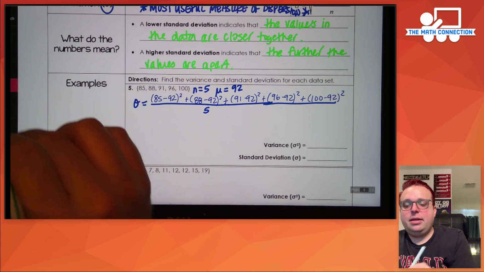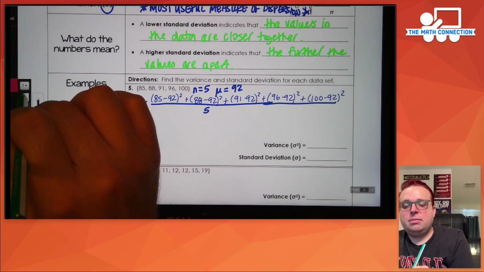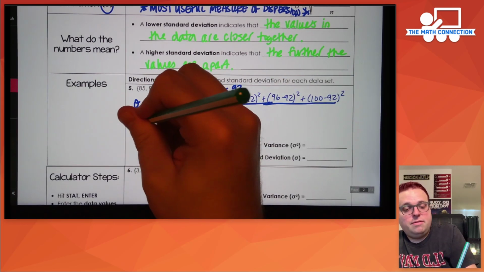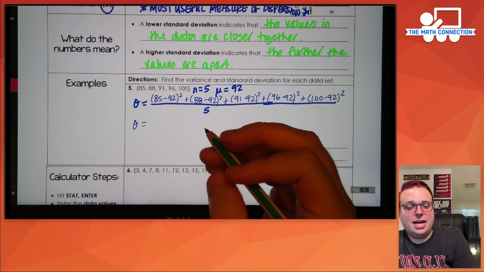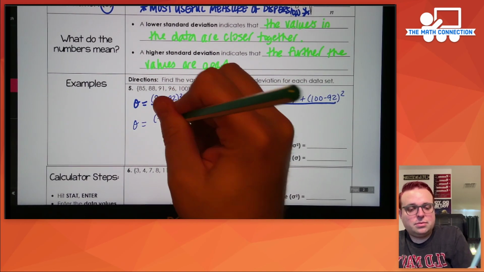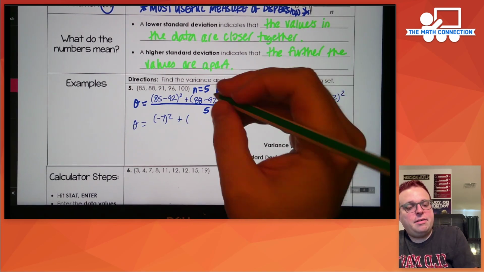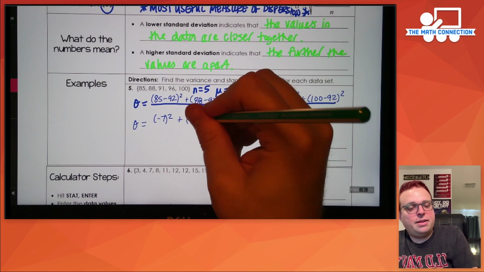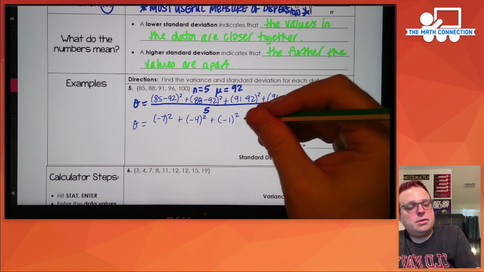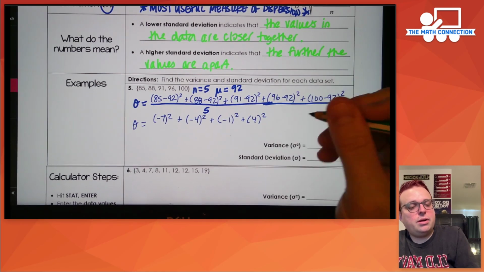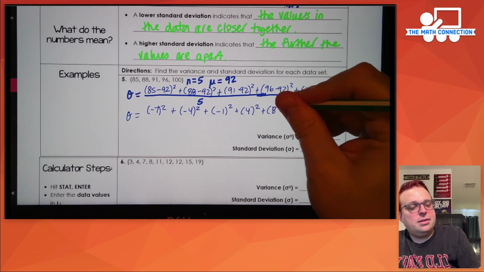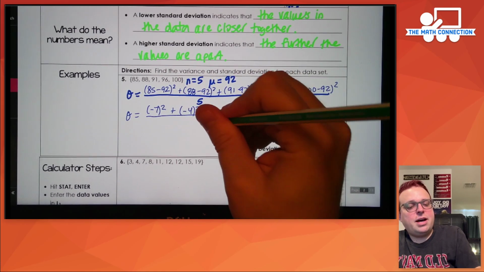Now, I'll use my super awesome math brain and just simplify this. So variance, 85 minus 92, the difference there is going to be -7. And then we have a difference here of -4 squared, -1 squared, 4 squared, and then we have 8 squared, all divided by 5.